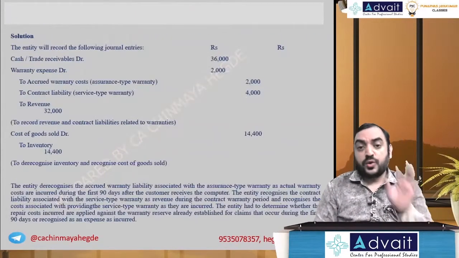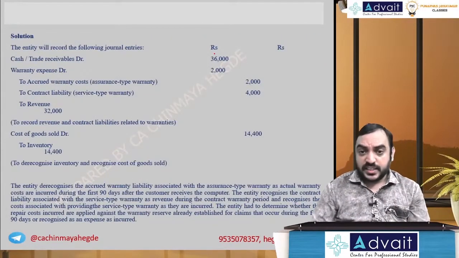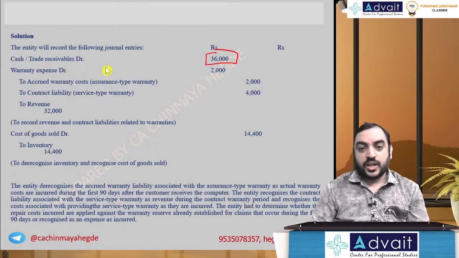So what will the journal entry look like? Take a look at this. 36,000, as I told you, cash account or trade receivable accounts. Then 4,000 is a contractual liability, which is the 3-year extended warranty, a services type warranty.